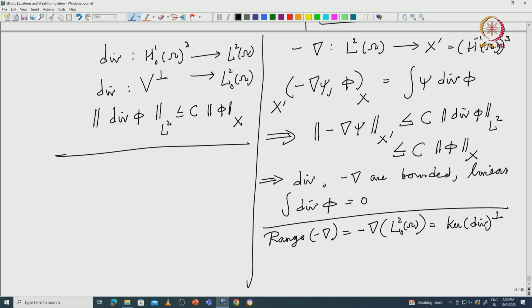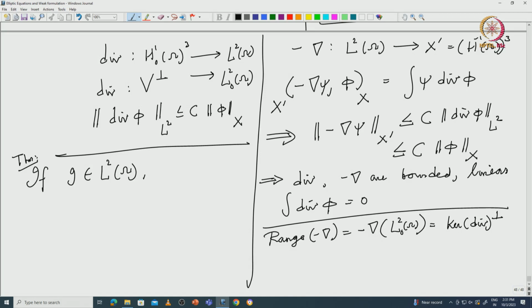Where the kernel of div you know that one. So what is the final theorem which requires a last proof? The final theorem, with that I will stop. If G is in L2 of omega, you have to fix a lot of gaps there. Okay. So these are some of the ideas when you are dealing with certain equations.